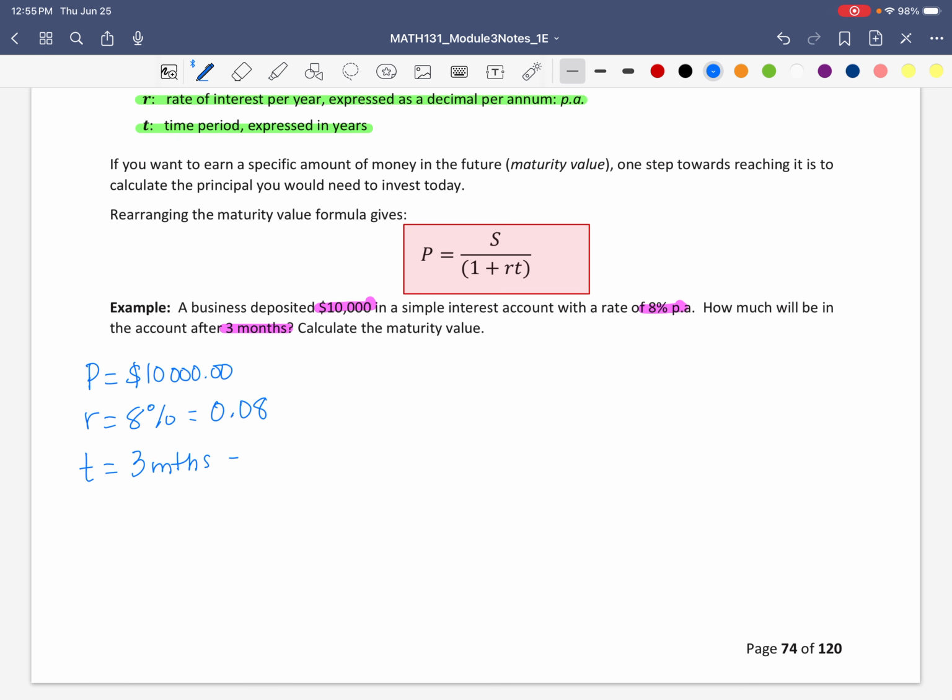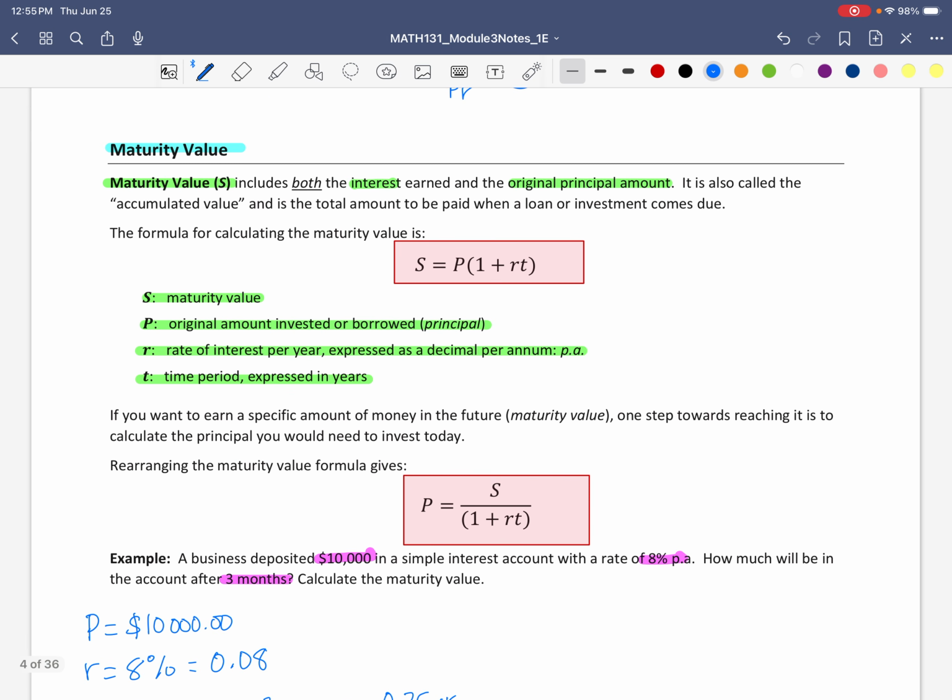So again, remember, we want to convert this into years, and we remember that that is equivalent to 3/12 years. Now, this particular fraction can be reduced to a nice decimal. So please, if you would like to use it in decimal form, by all means. And what we're solving for is S, that maturity value. So we're going to use the first formula that we talked about.